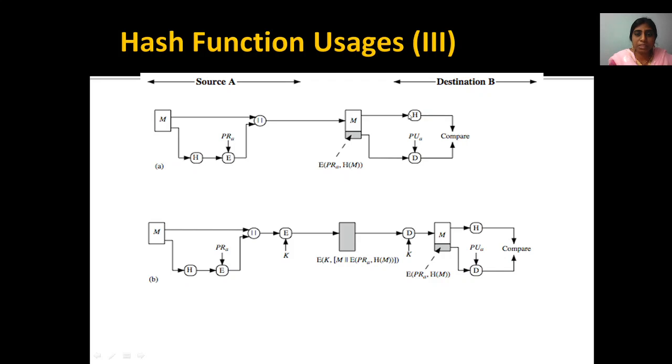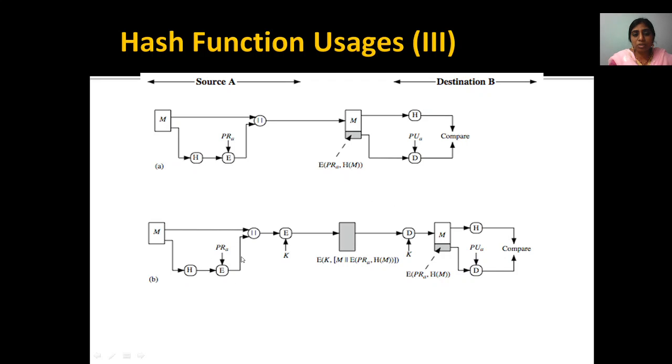The plain text message has the hash function applied and the hash code compared, and here we decrypt the information. Since we encrypted with the private key, we take the public key of A, decrypt, and refer to the hash code. If both are equal, then the digital signature has been verified.